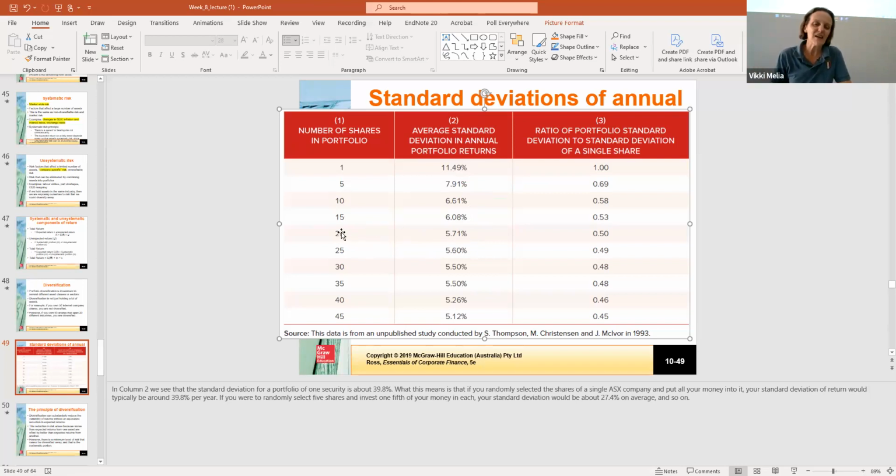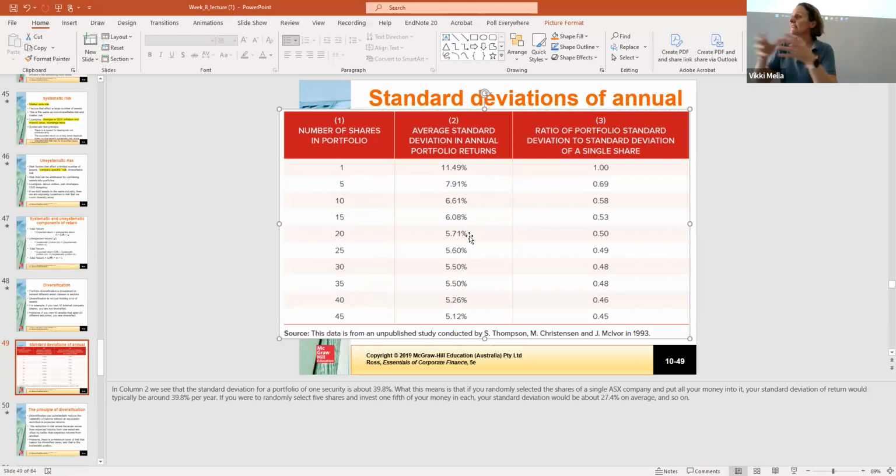And you can see there from 20 to 45, the standard deviation doesn't really decrease significantly when you add another 25 different assets into the portfolio. But from 1 to 20, there's a large drop in the standard deviation. So by investing in different assets, you can significantly reduce the total risk.